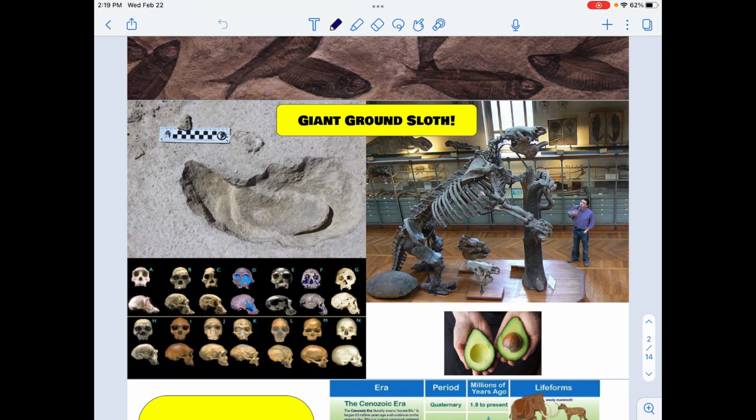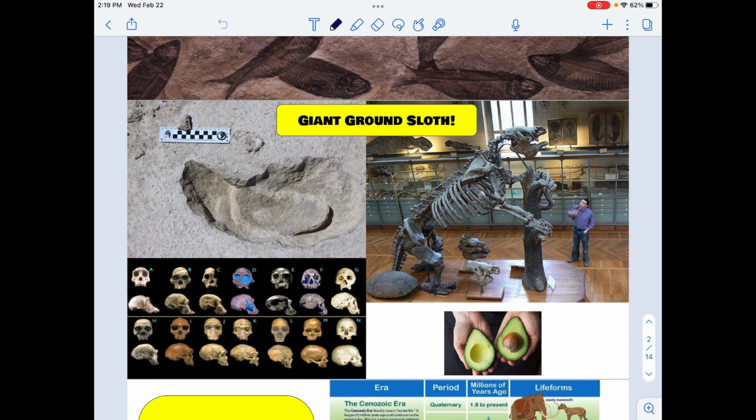So, we've learned that people lived at the same time as this. What does it tell us, right? We've also found cut marks on the bones of the giant sloth, which were probably made by some sort of ancient type of human. And we can see the skulls evolve over time, looking more and more like the modern human as we go from A to N in this bottom photo.